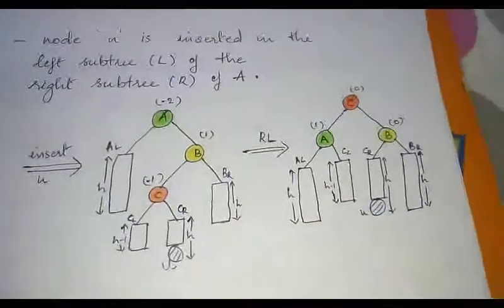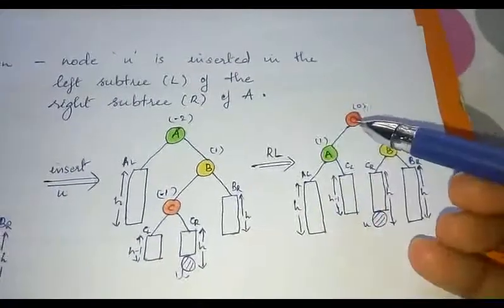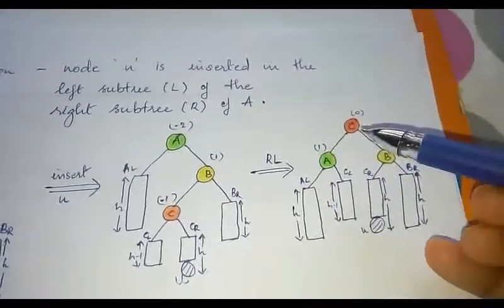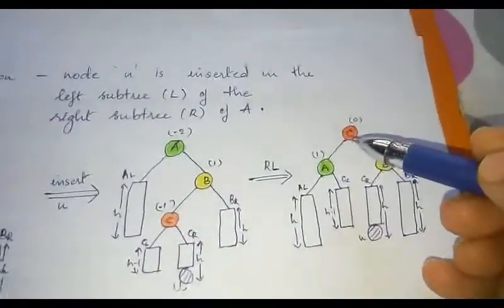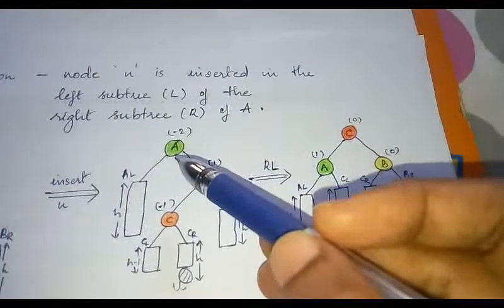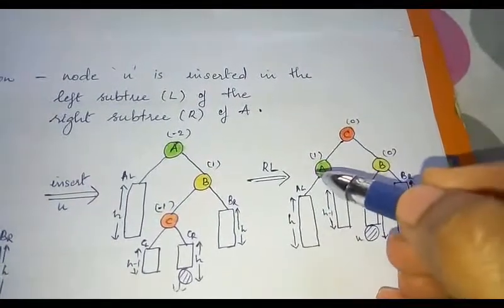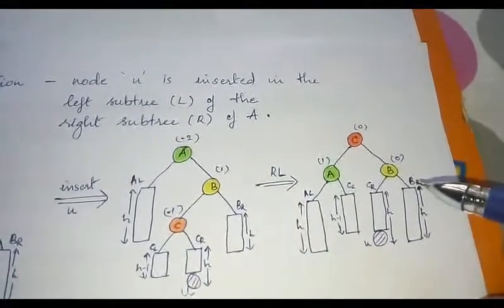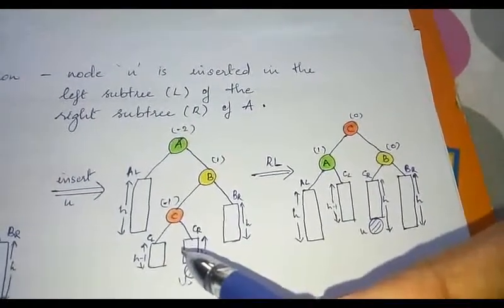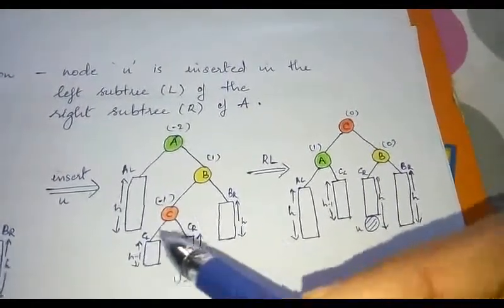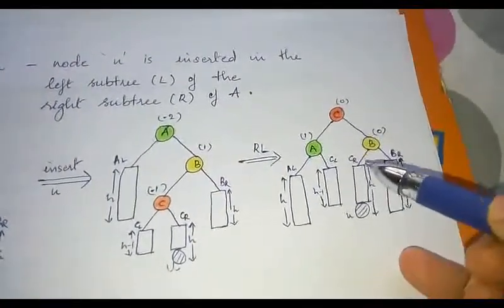Now the RL rotation is performed by shifting this C to the root. So C becomes the root here and A will be shifted to the left of C. So C becomes the root and the node A along with its subtree will be shifted to the left of C, and B and its subtree will be to the right of C. Now the subtrees of C will be shifted to either side of the tree, that is CL will be shifted to the left and CR will be shifted to the right.